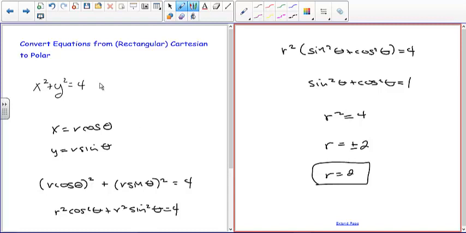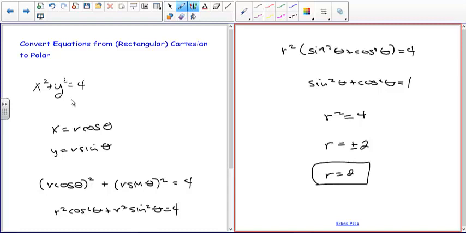So the xy equation for a circle is that, and the r theta equation is just r equals 2. It's all the points that lie 2 inches or 2 units from the origin. So obviously this one's a lot simpler equation than that one is.